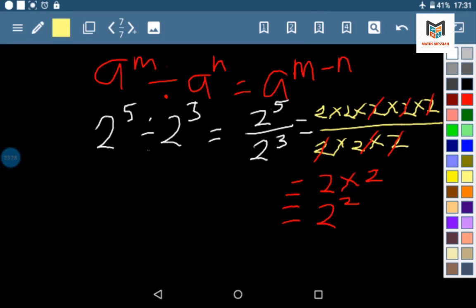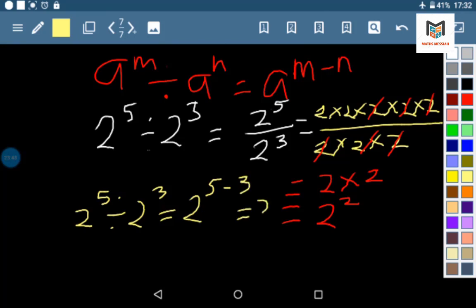So in simple terms, we could have said that 2 raised to the power 5 divided by 2 raised to the power 3 is the same as 2 raised to the power 5 minus 3, which is equal to 2 raised to the power 2, which is the same as this one.